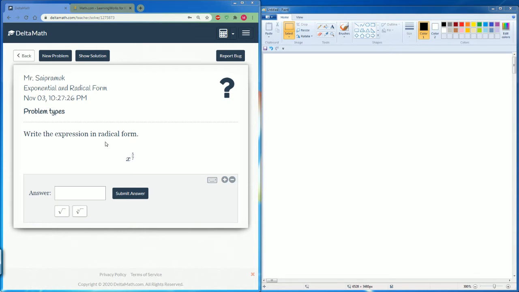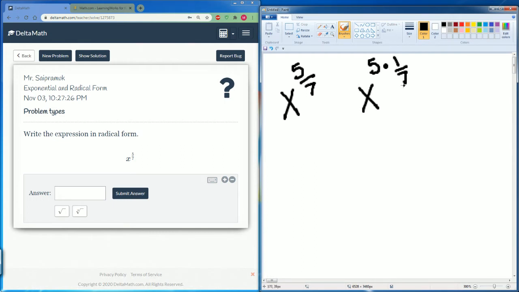We have x to the 5th over 7th power. Understand, this can be broken up into two parts. This can be seen as x to the 5 times 1 over 7th power, because the 7th is on the bottom of the fraction.